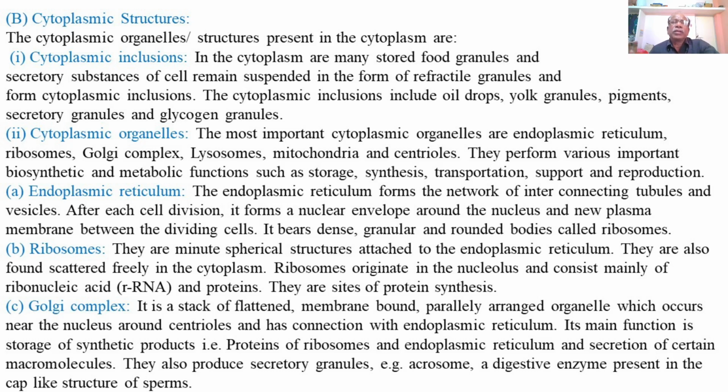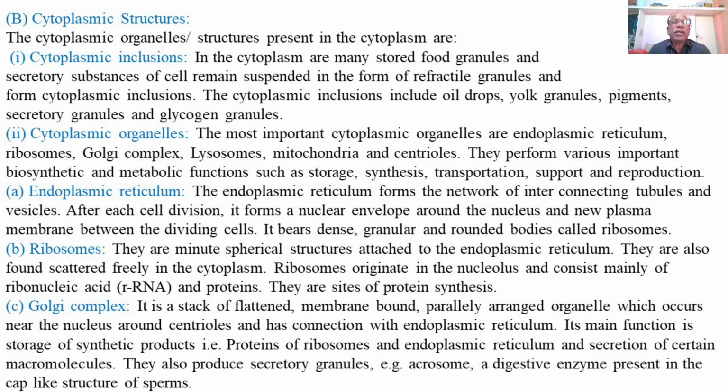The cytoplasmic inclusions include oil droplets, yolk granules, pigments, secretory granules, and glycogen granules. So these are some of the organic materials present as cytoplasmic inclusions in the cytoplasmic matrix.